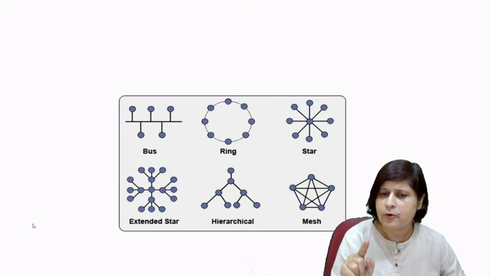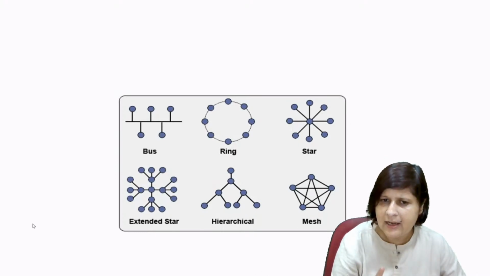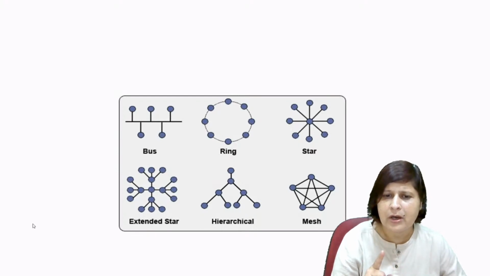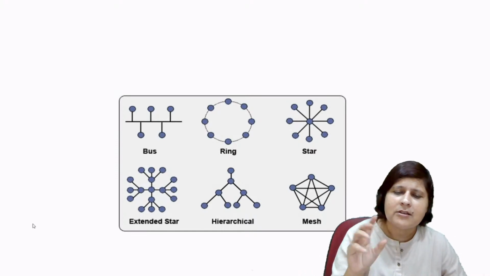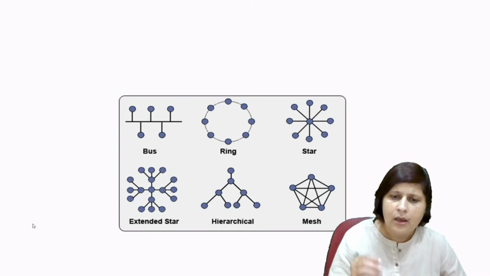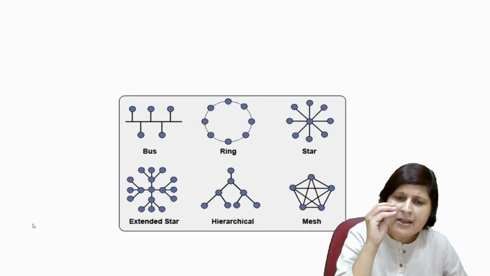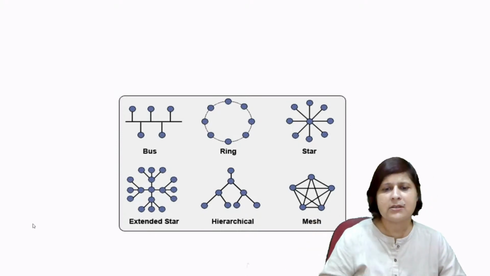Only one node can send data at one time. The advantage of this system is that there is no collision because of the token system in the ring. And if any system goes down, the entire system goes down.